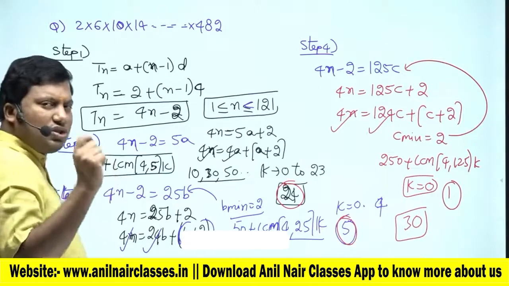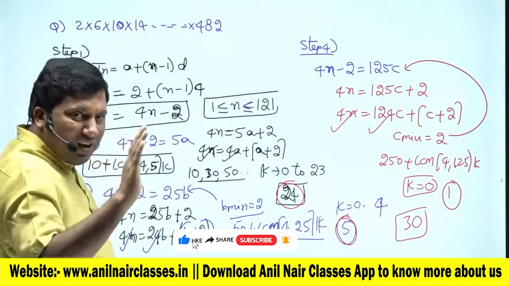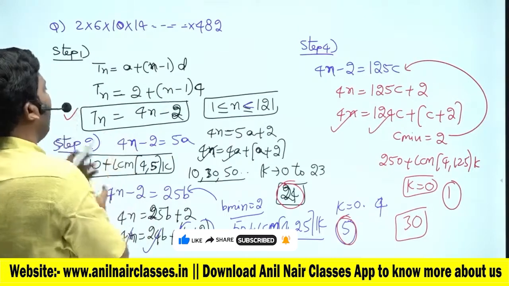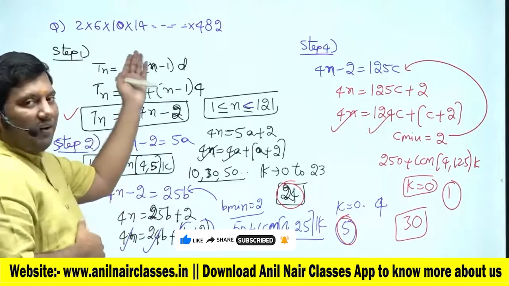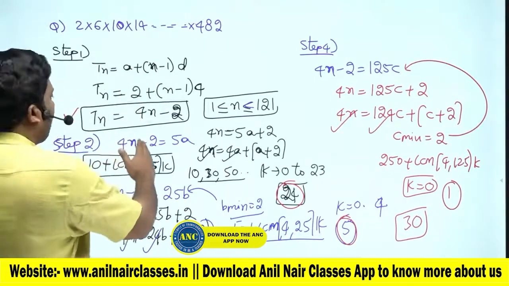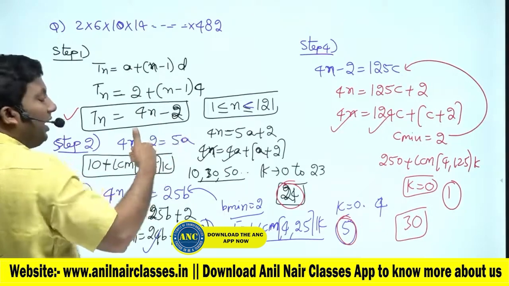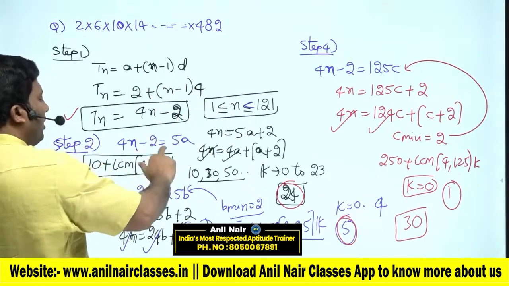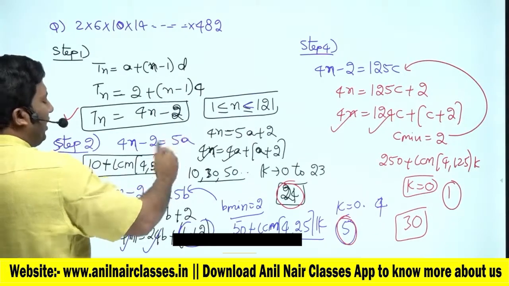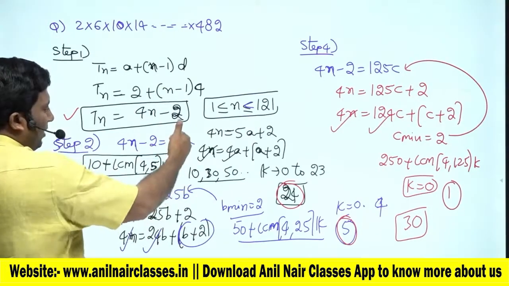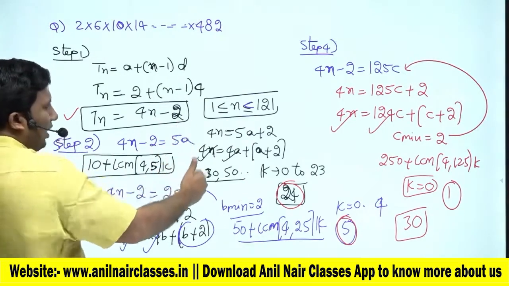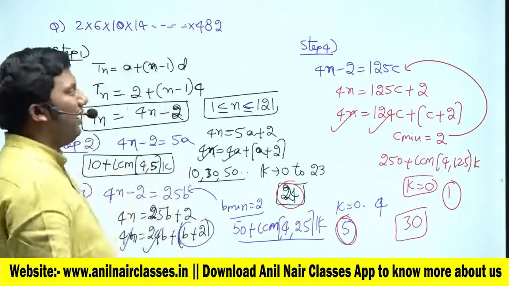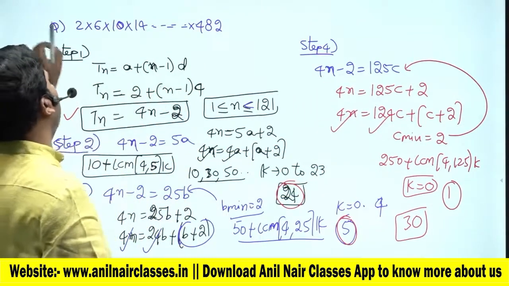This kind of questions you will struggle with, but it's very easy if you understand the flow chart. First, step number 1 is find out the nth term. Powers of 5 are less than powers of 2. Equate it with a multiple of 5. The highest power of 5 is also counted, since 25 contains 5. So take the multiple powers of 5: 5a, 5 square b, 5 cube c, 5 power 4, it is 625, but the upper limit is still 482.